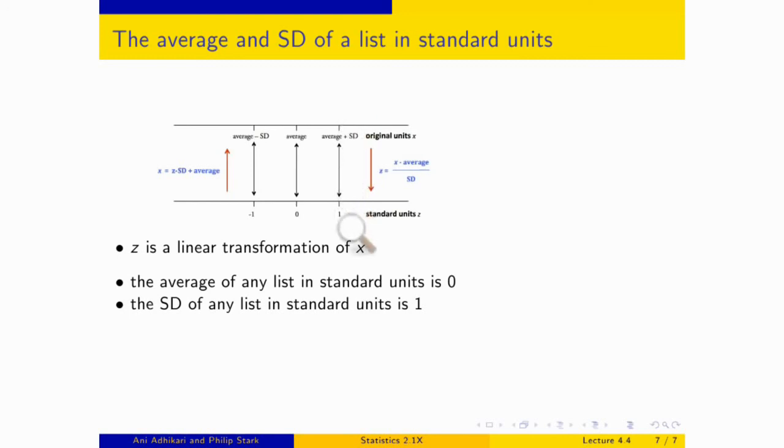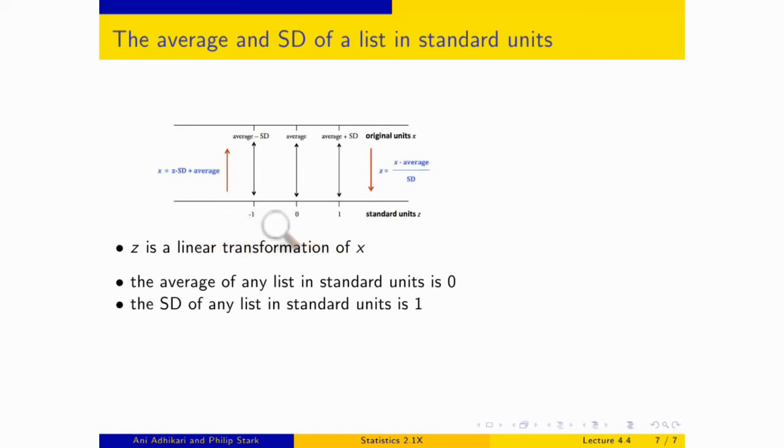So what is this telling you? Well, you know that the vast majority of the heights are going to be in the range average plus or minus a few SDs. In terms of the standard unit scale, that is saying the vast majority are going to be in the range 0 plus or minus a few multiples of 1.